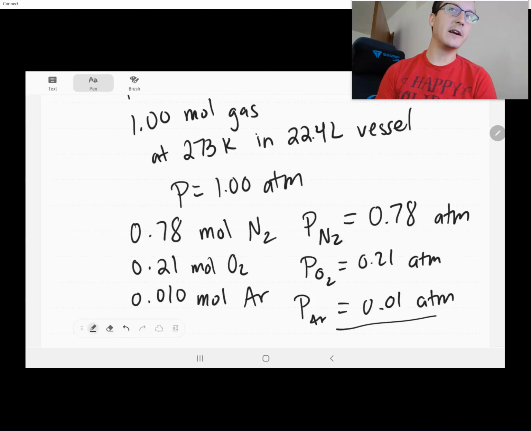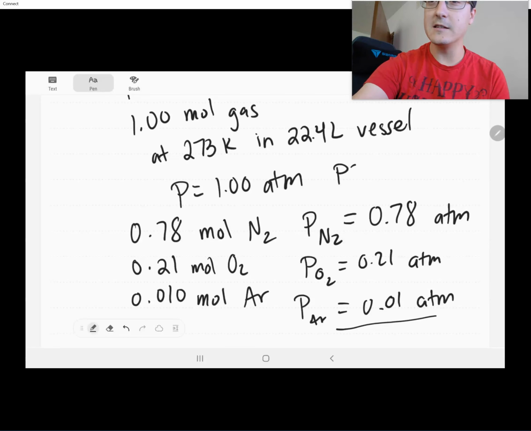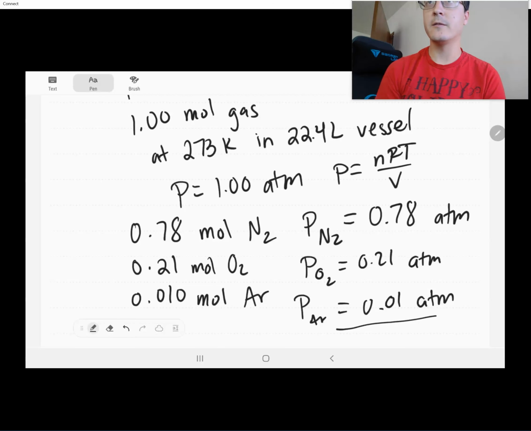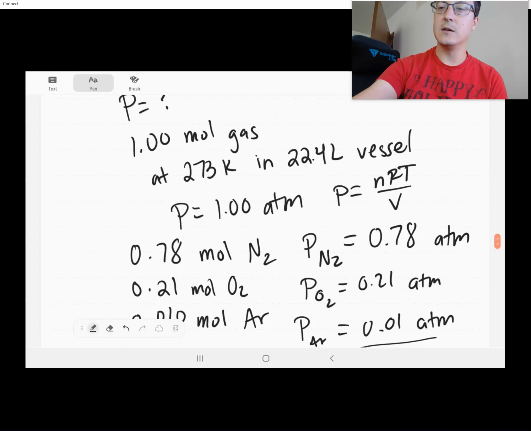Let's see, Elsa's writing something. How do we calculate it again? P is equal to nRT over V. So you're going to use the 0.78 moles for n. R is 0.08206. The temperature is 273, and the volume is 22.4.